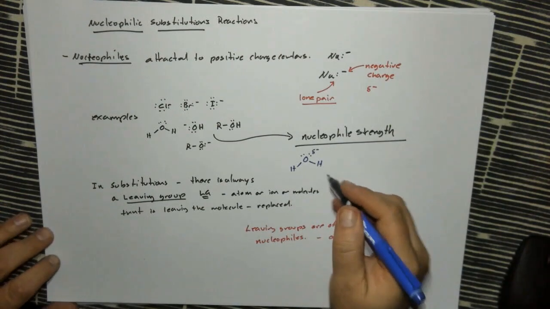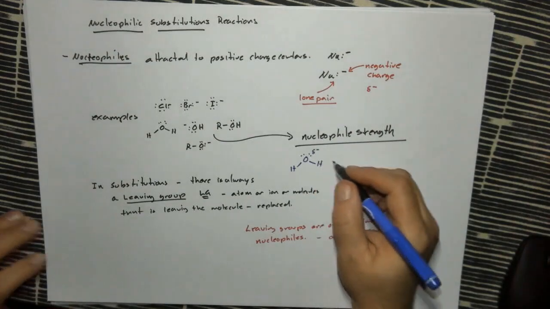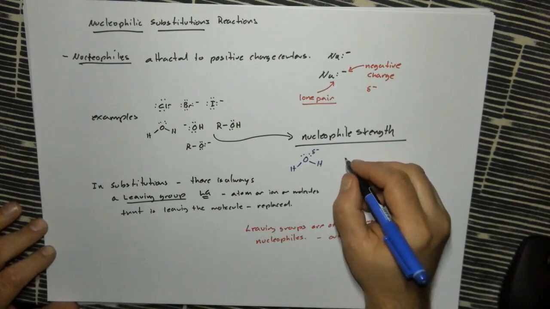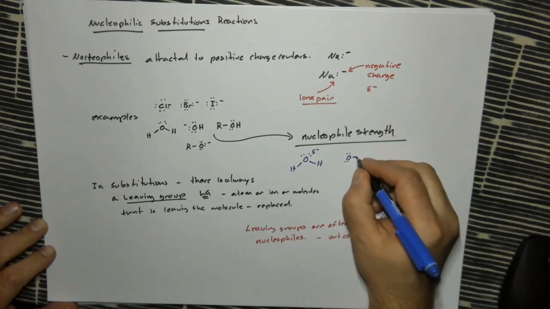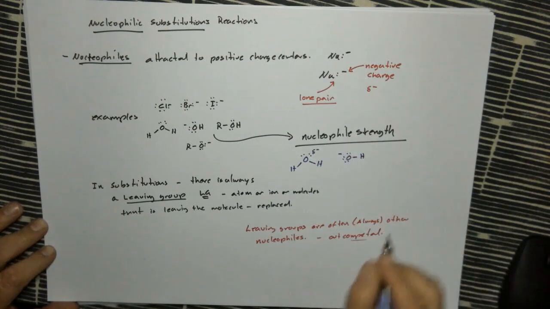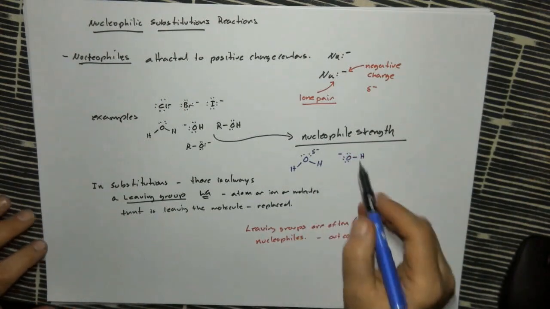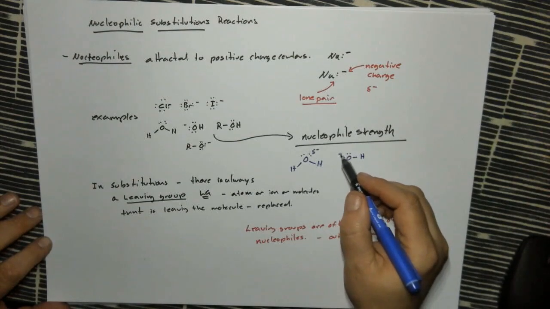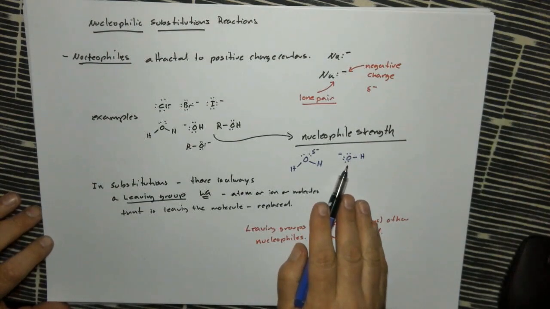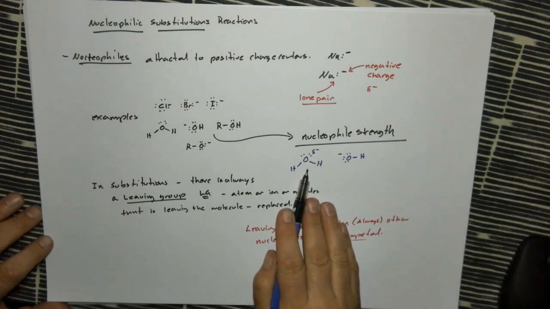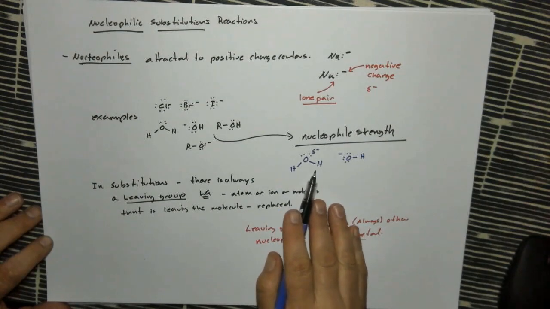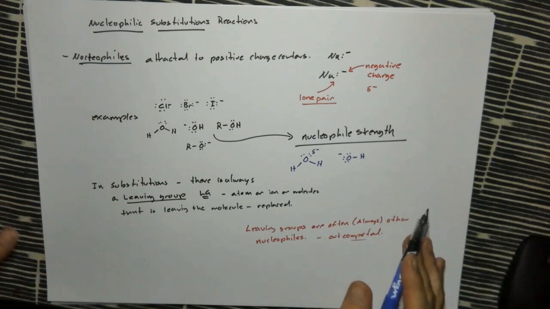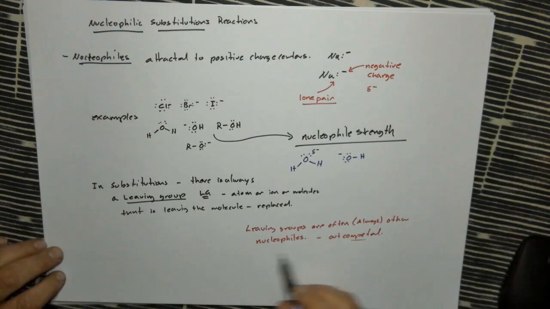So it's a polar molecule. This is not a very strong nucleophile, particularly in relationship to something like hydroxide, which has, in addition to 3 lone pairs, a full formal negative charge. So this nucleophile is going to be stronger than this nucleophile, and in fact you have to look at the relative strengths of the nucleophiles to be able to determine which one is going to outcompete.